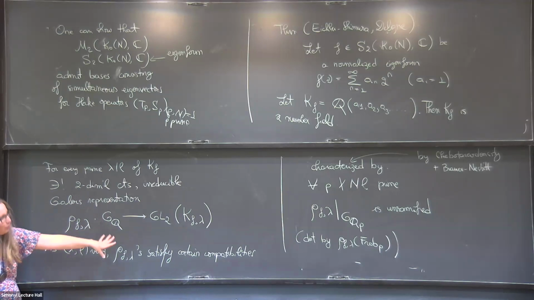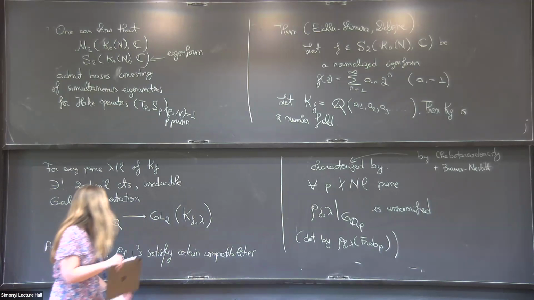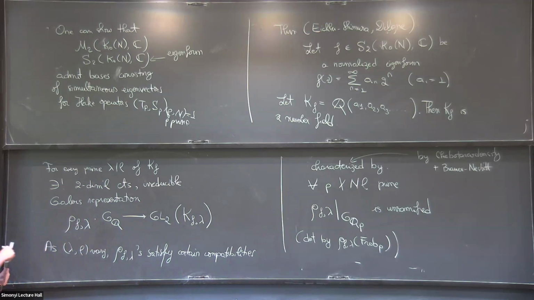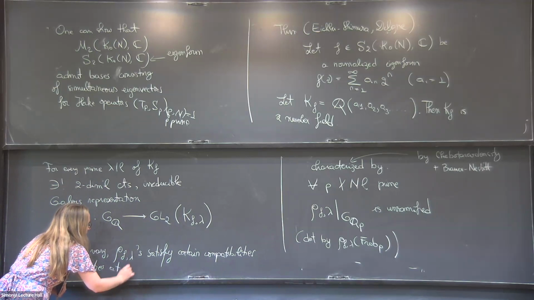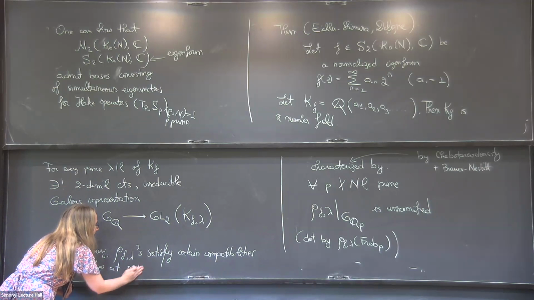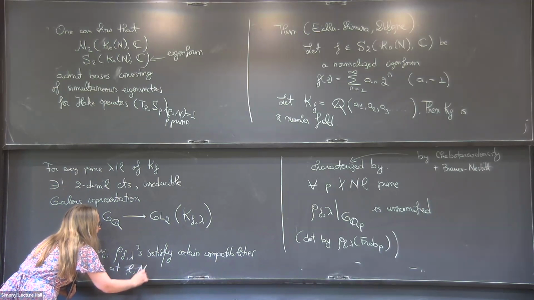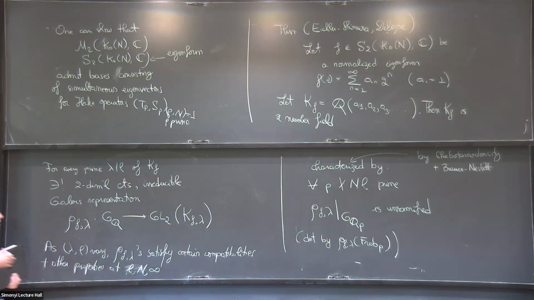So there are other properties at l, n, and infinity that you can establish and that are useful when you try to be more precise about the Langlands correspondence.